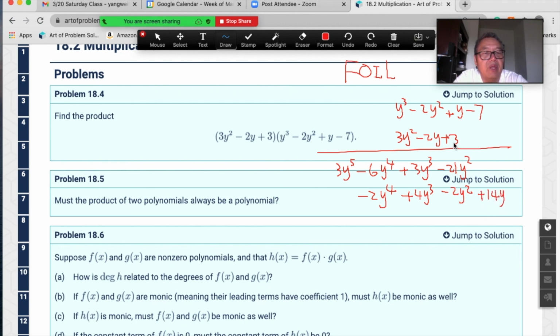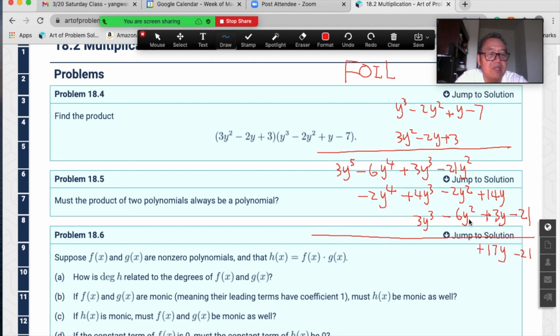Then 3 times y cubed gets 3y cubed, then minus 6y squared, then plus 3y, then minus 20y. Then we draw a horizontal line and add. Here that will be 17y.